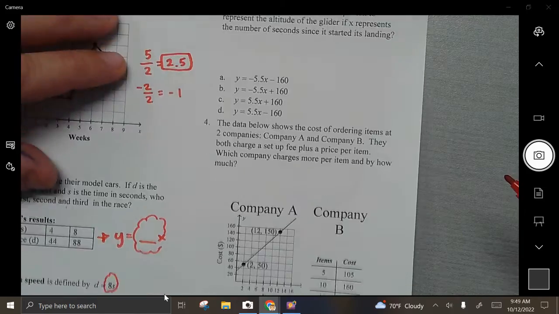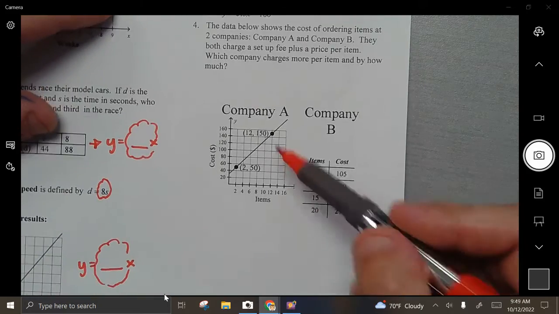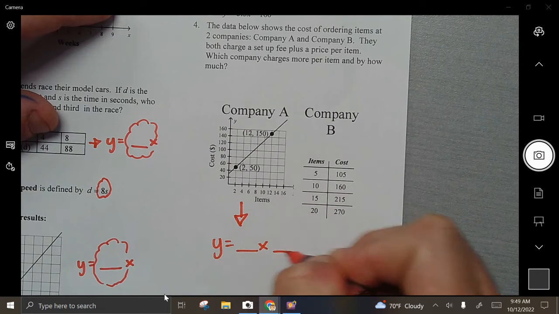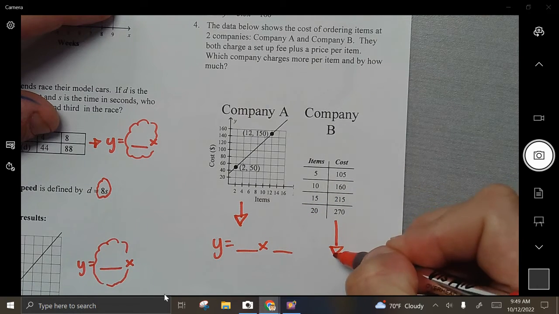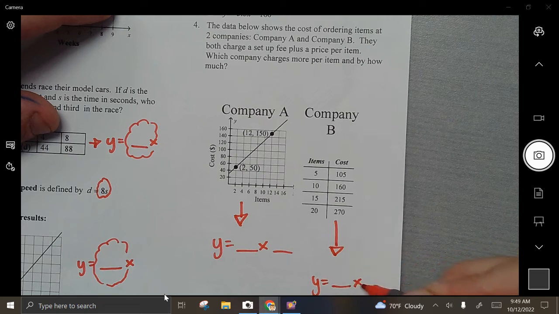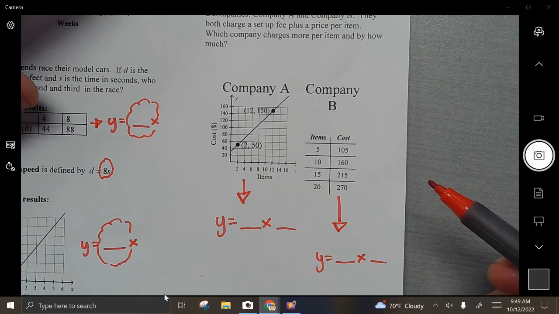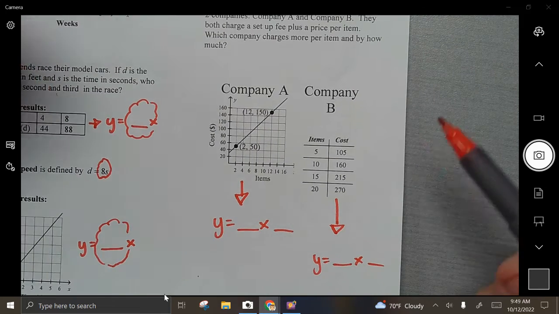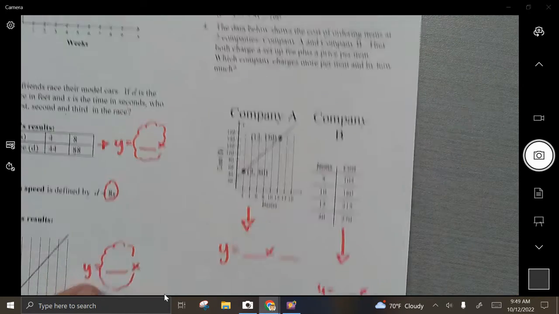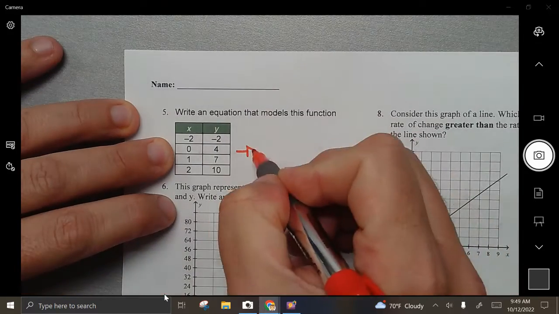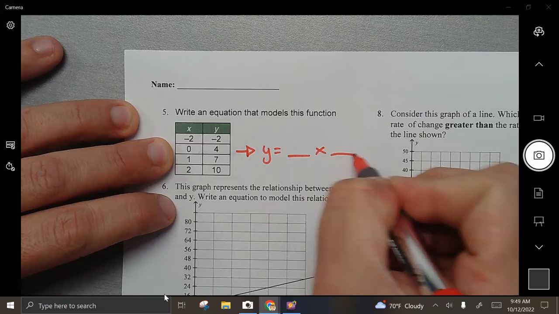Okay. Number 4. Compare company A. I want you to turn this into an equation, and I want you to turn this into an equation. If you don't know how to do that, you better see me Thursday after school. I'm doing tutoring on Thursday after school. Now, flip it over. We're still practicing. I want this turned into an equation.